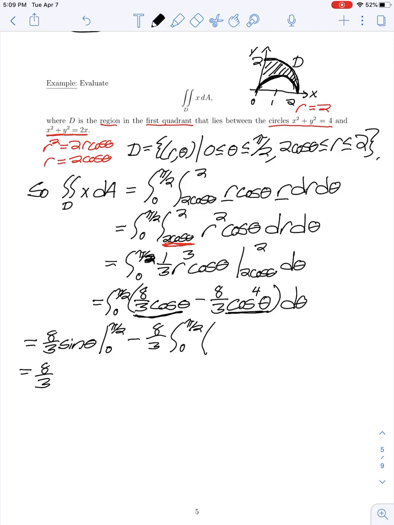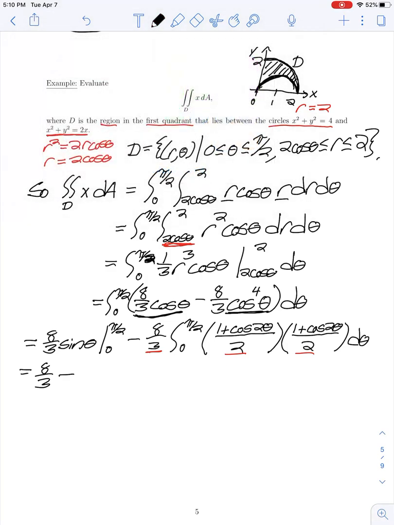Now we saw in the last example, cosine squared theta is given by 1 plus cosine of 2 theta all over 2. Since we have cosine to the 4th, that's the same as cosine squared squared. So we write each factor in terms of 1 plus cosine of 2 theta over 2. We can pull out the constant factors, 1/2 times 1/2, or 1/4, out in front of our integral.